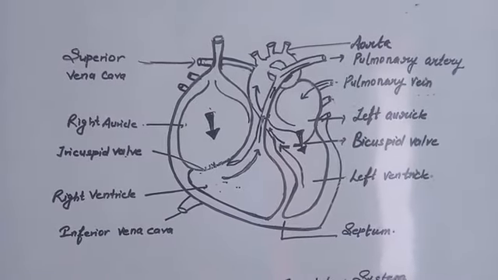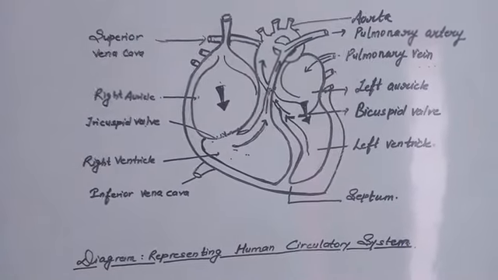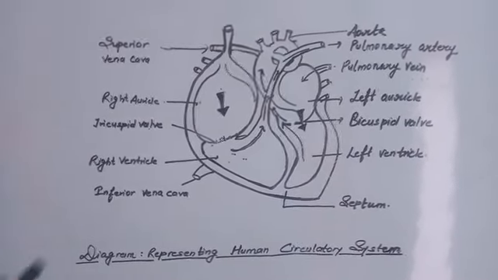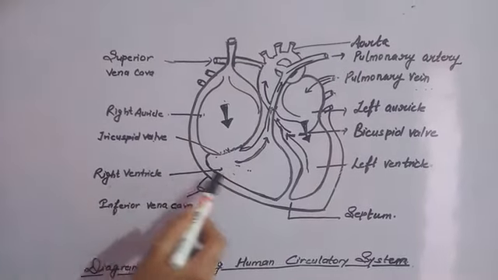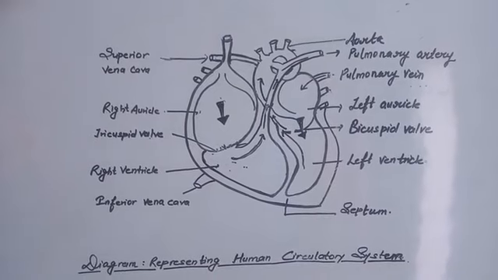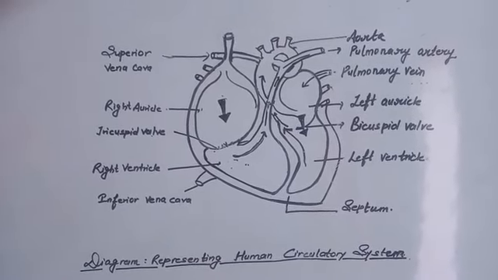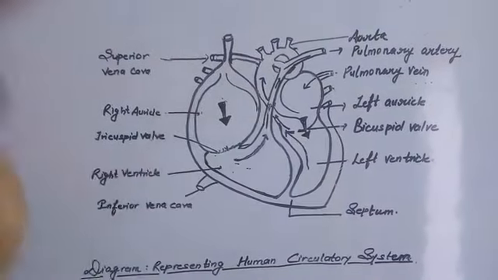In the right ventricle, electrical impulses will generate. I will discuss in further classes how electrical impulses generate and what happens after that. Electrical impulses generate and the right ventricle starts pumping. When the right ventricle starts pumping, pressure generates and the blood wants a passage to flow.